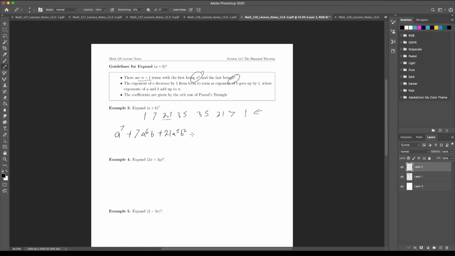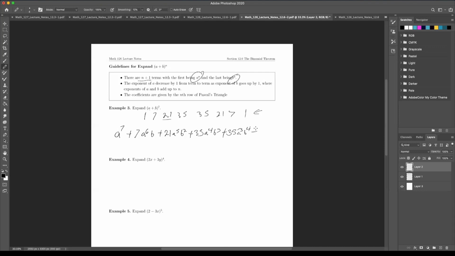Notice if I add these two up, I get 7. The next one here would be 35. A is going to go down by 1, so a to the 4th, b will go up by 1, so b to the 3rd. We're going to do this one more time, so it'll be 35 again. A to the 4th. Oh, no, I'm going down. So a would be a to the third and b to the fourth.